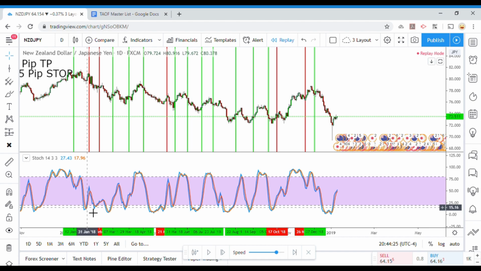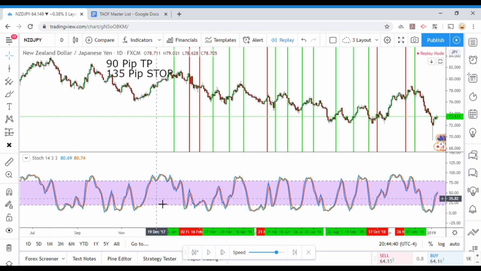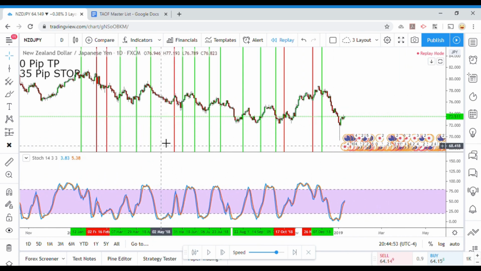I will say that my slight complaint with the stochastic, similar to what I was saying about how it filters out the choppiness, is that it doesn't seem to do a great job of filtering out the choppiness, to be real honest.